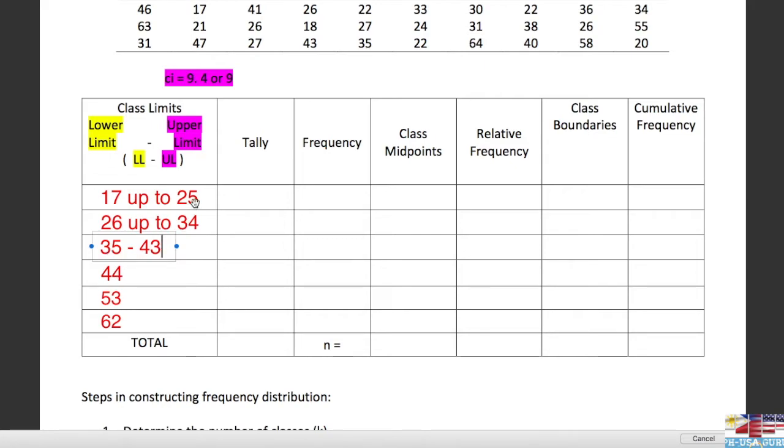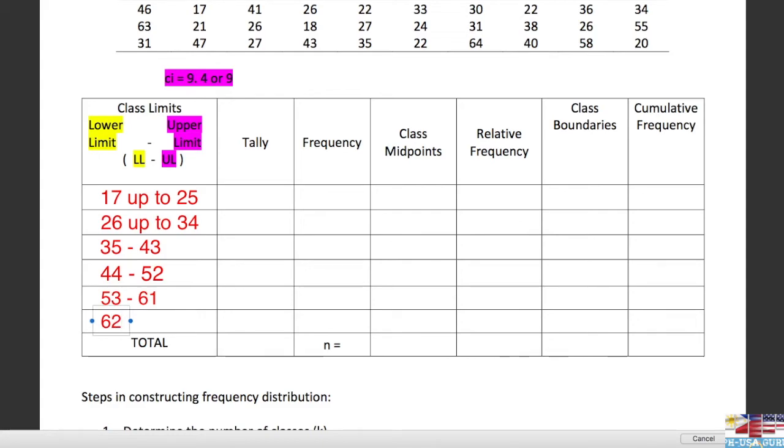What have you noticed with this? 25, 26, 34, 35, 43, 44. So meaning that on the upper limit, we just get the number before the next lower limit, so this will become 52. And for this will become 61. And what is 61 plus 9?